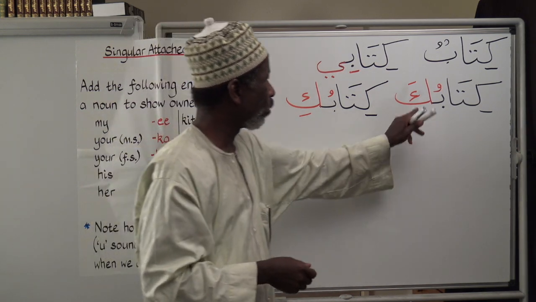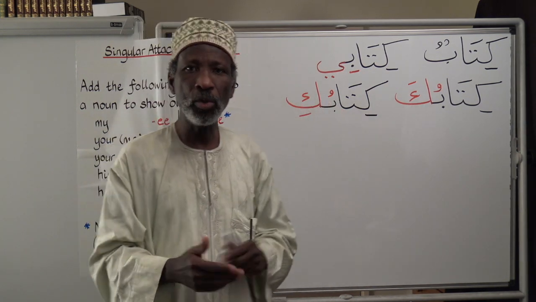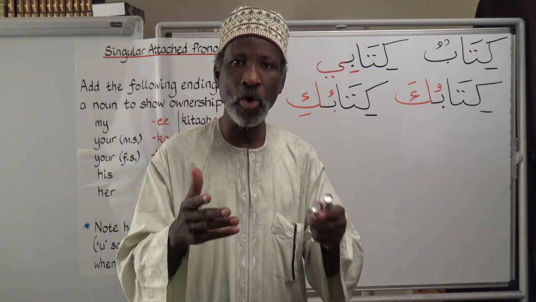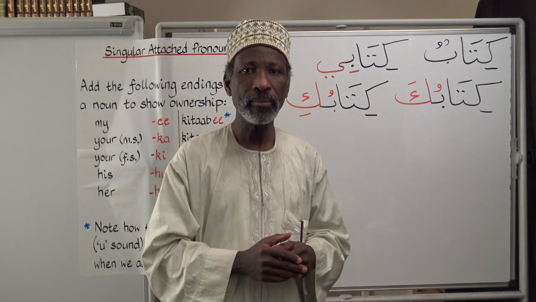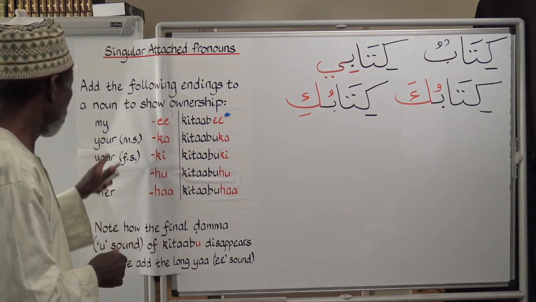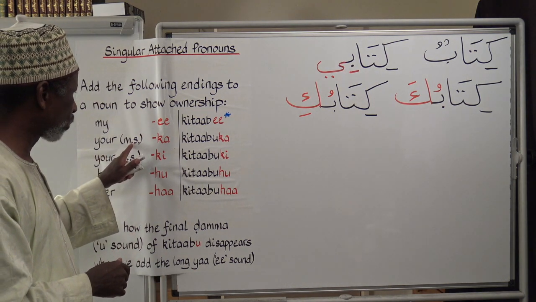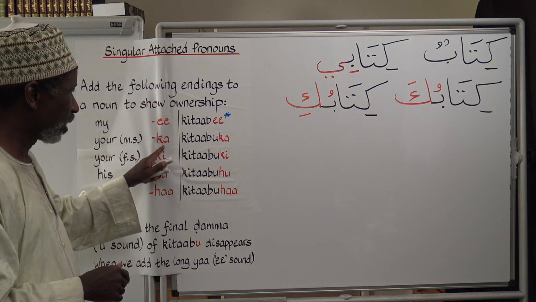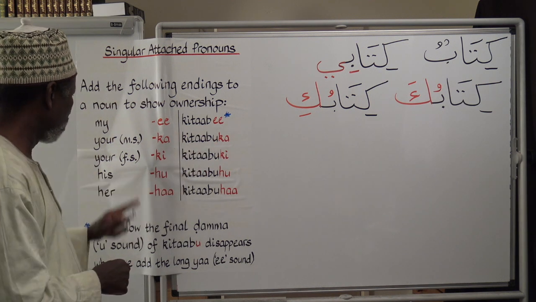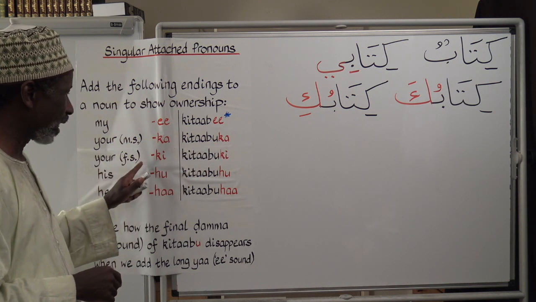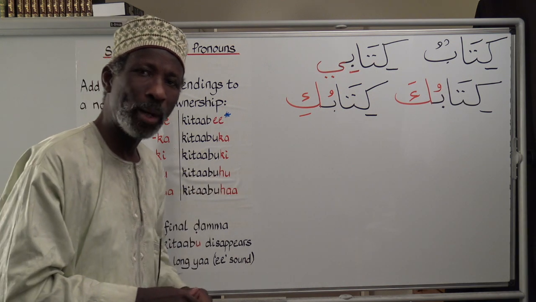So kitabuka, kitabuki. Do that to any noun, you get your, whatever it may be. So your masculine singular, you add ka, kitabu ka. Your feminine singular, ki, kitabu ki.